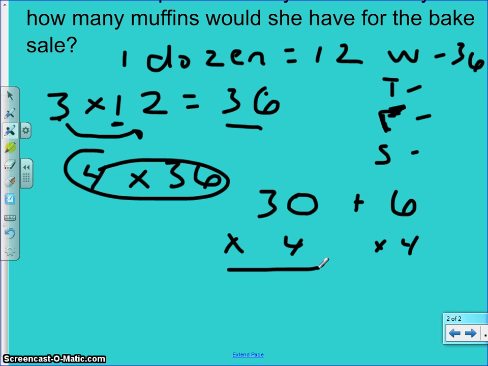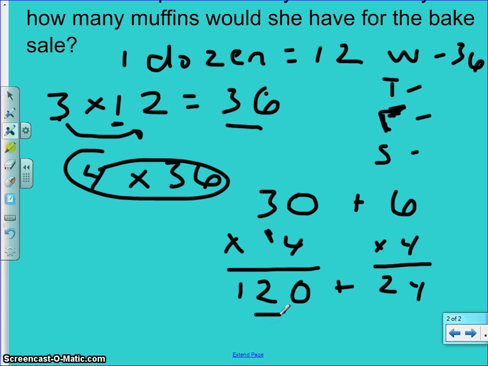Well, I know from doing my multiples of 10 that I can simply do 4 times 3, which is 12, and then put a 0 in the ones place to get my answer, right? So 30 times 4 is 120. Now let's go over here and figure out what 6 times 4 is. Well, 6 times 4, that's 24.